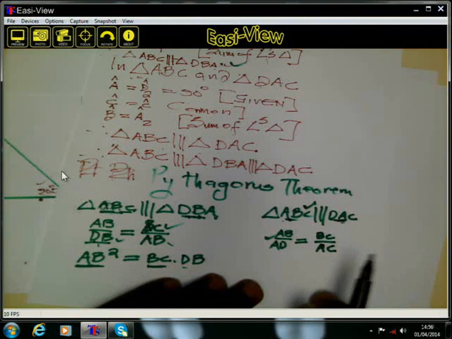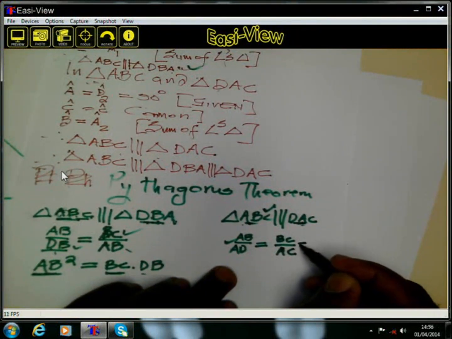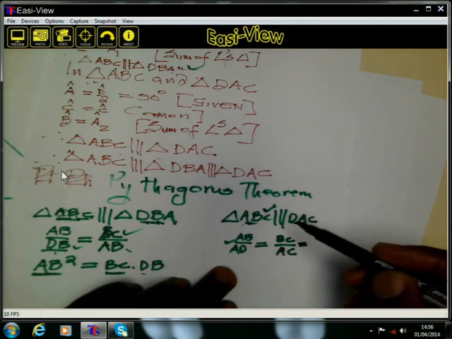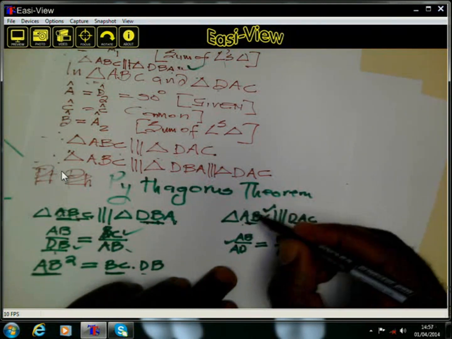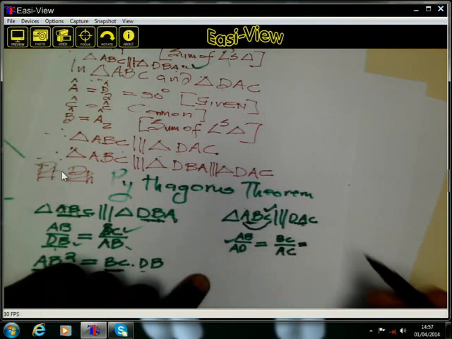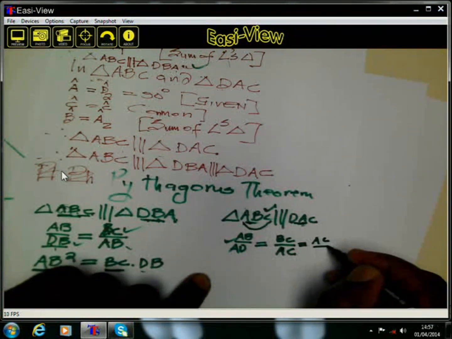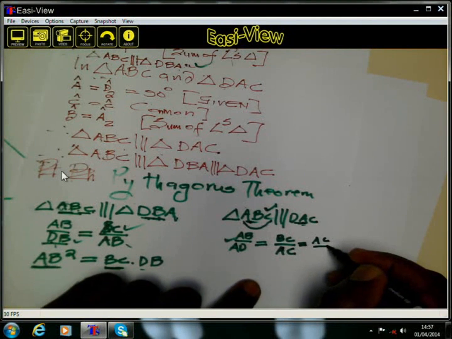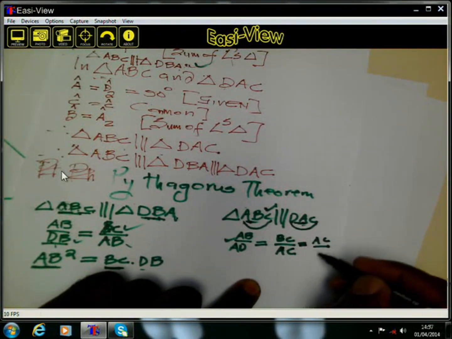Maybe I can say this is also equal to, if I take the outside, longest side, AC over DC.